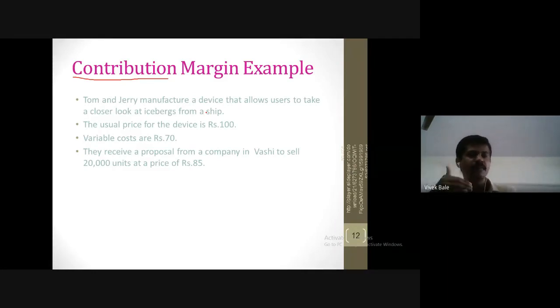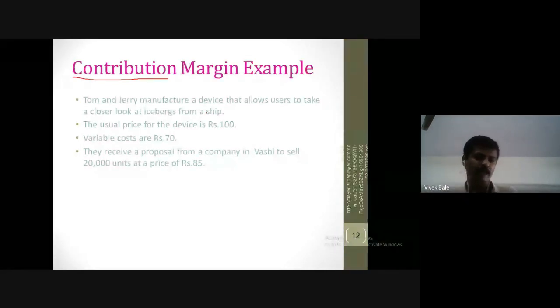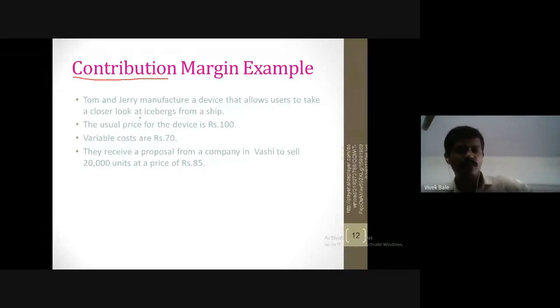But a ship cannot go very close to the iceberg, as there might be some risk. Therefore, people use binoculars or devices from which they can see the iceberg very closely. And this Tom and Jerry manufacturer wanted to manufacture the device to have a closer look at the iceberg from a ship.